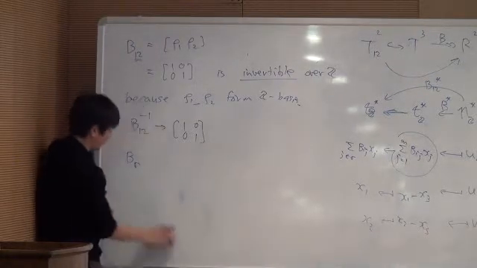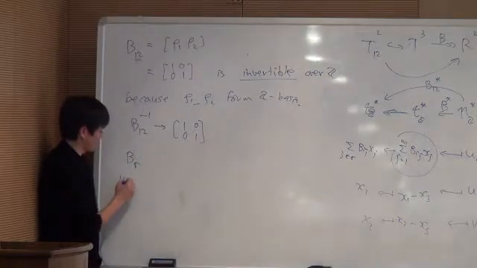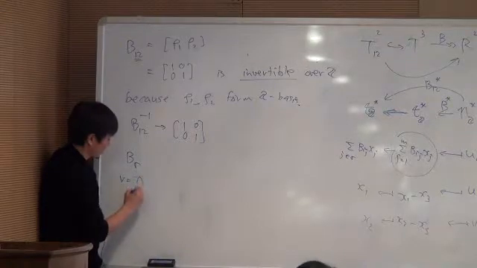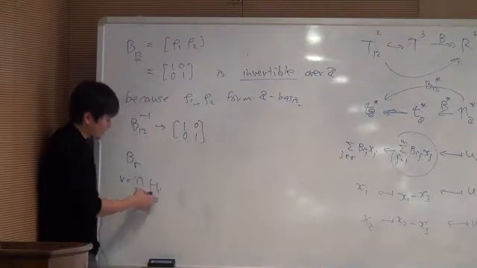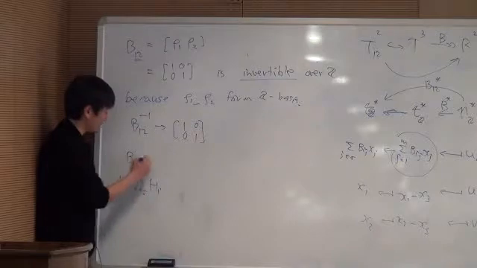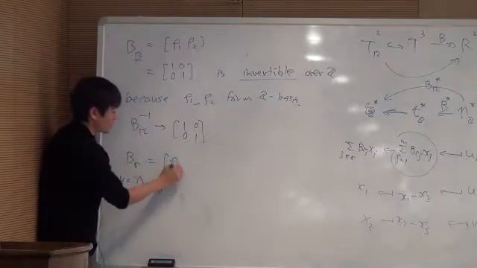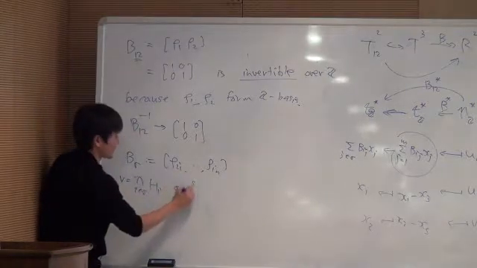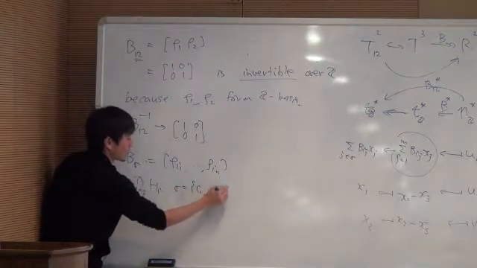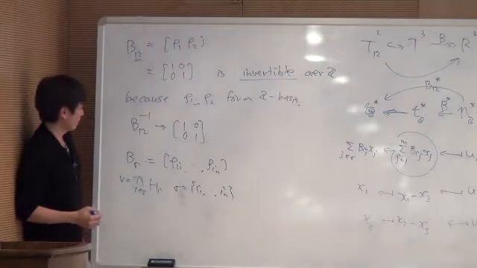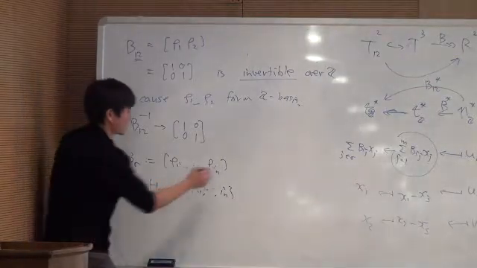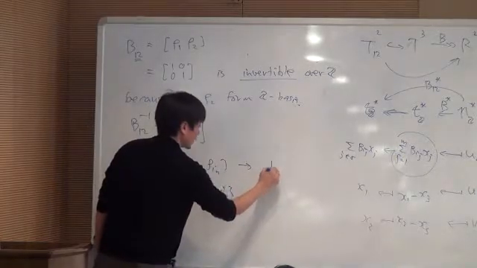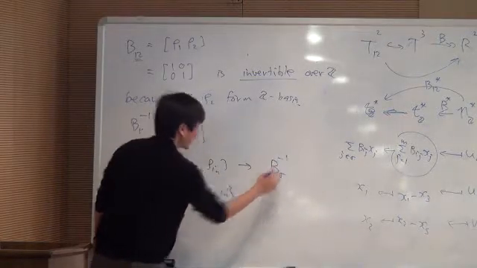So let's take some vertex v, which is given by the i in sigma. Let's define this as rho i1 through rho in, so sigma is i1 through in. Then you take the B sigma inverse.